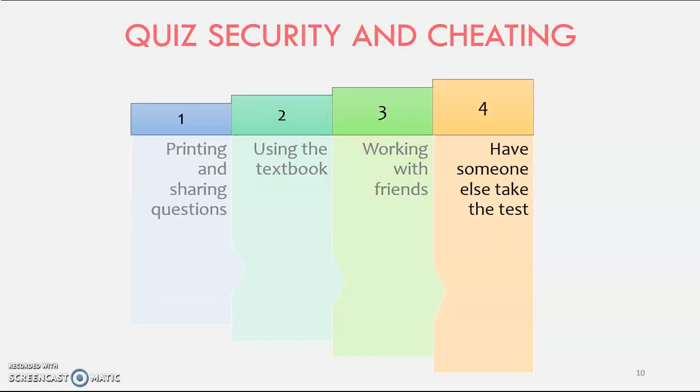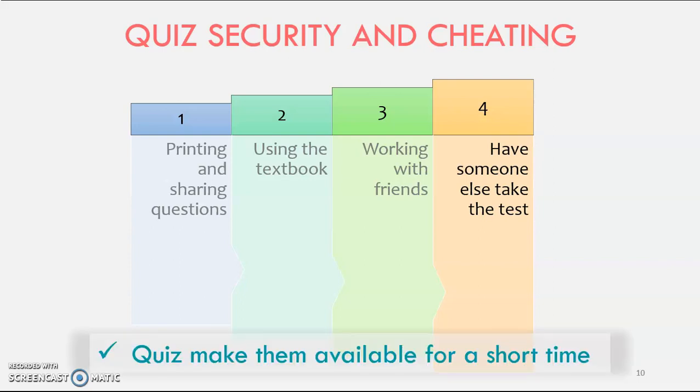Last cheating strategy is having someone else take the test. No one knows who is actually taking the test. Students will get help from classmates or others who have taken the course in the past to take online quizzes for them. To eliminate current classmates from taking each other's quiz, only make them available for a short time.